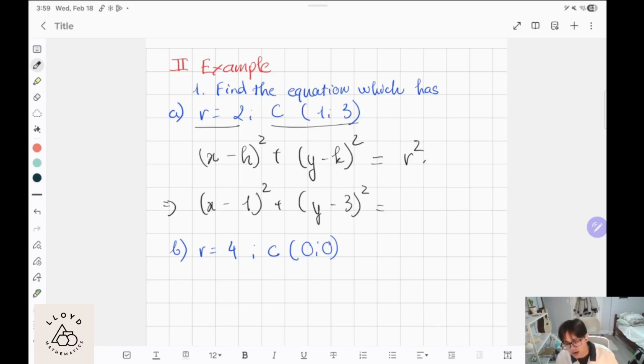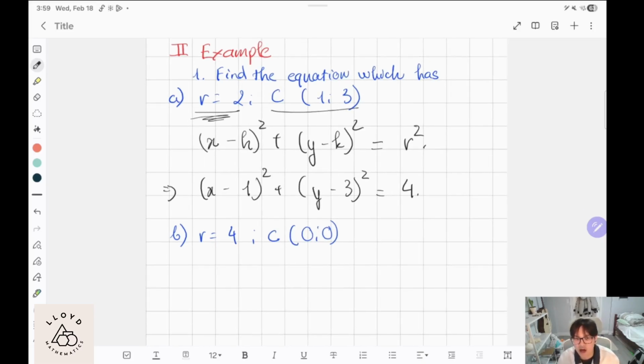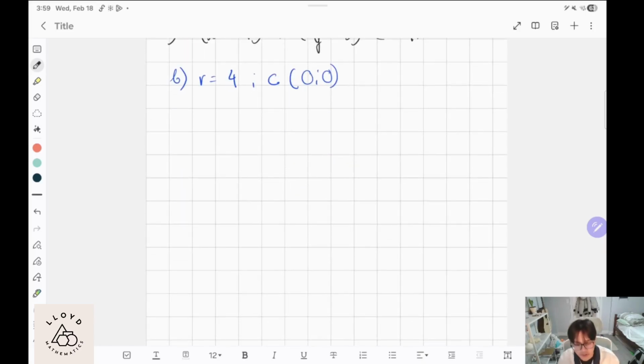And what is r? r here is equal to 2, so r squared is 4. So here is the equation of the circle which has this property.